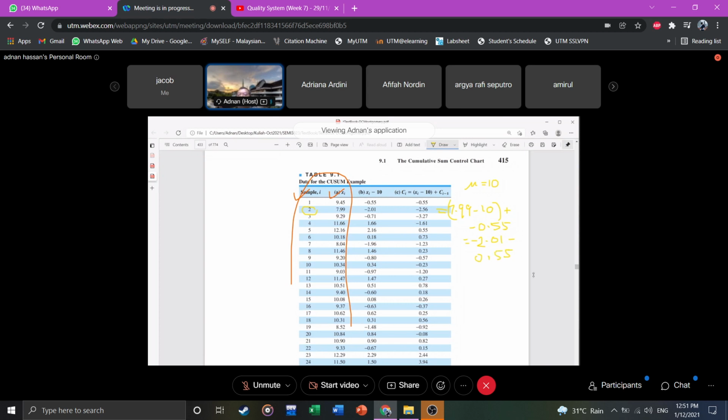So this is what you get, minus 2.56. This is what you get, the second value. Continue with the rest of the values.